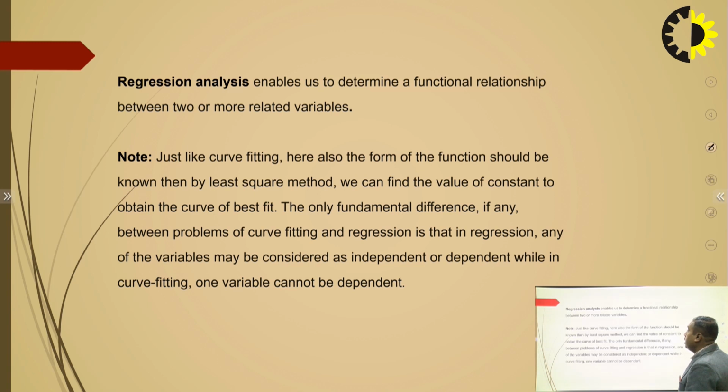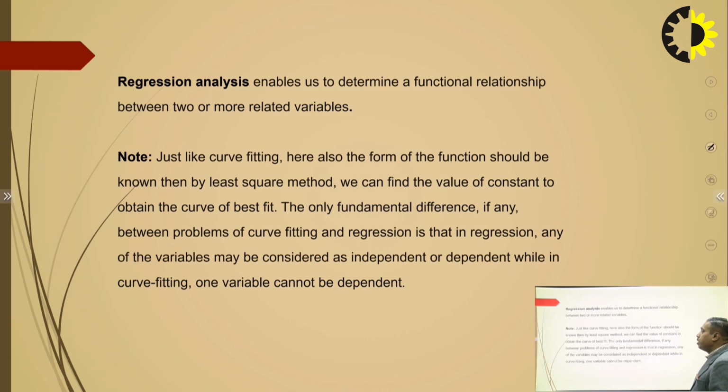Regression analysis enables us to determine the functional relationship between two or more related variables. That means we have to establish a relationship between two variables, or more than two variables, which may be studied in regression. It is to be noted that, just like curve fitting, here also the form of the function should be known.